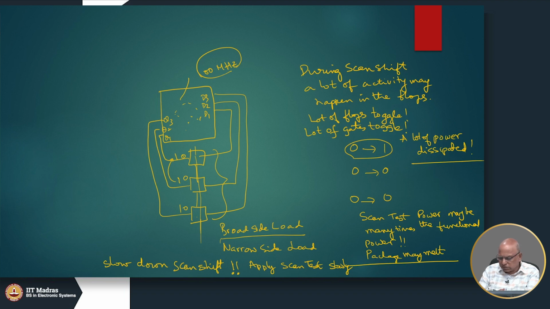It may be as low as 1 megahertz or 500 kilohertz or even less. So much more slowly. It may be in the hundreds of kilohertz, half a megahertz. Otherwise you will possibly destroy the chip.